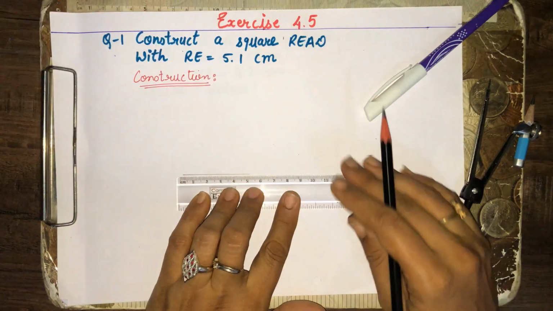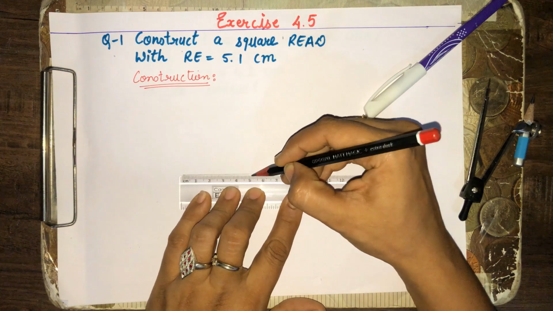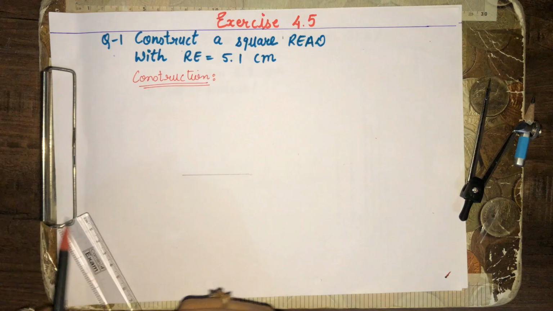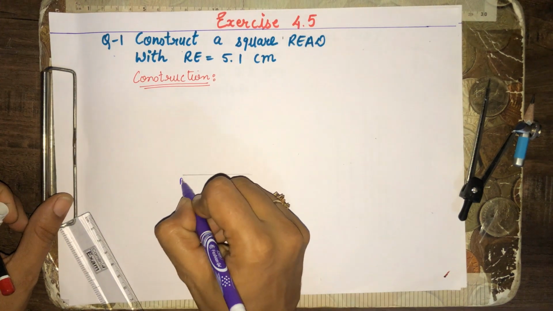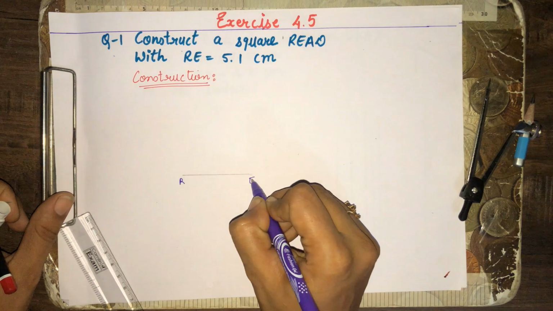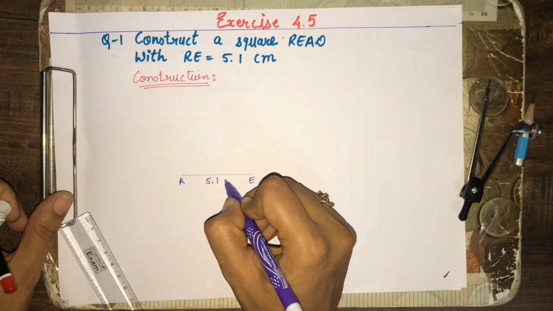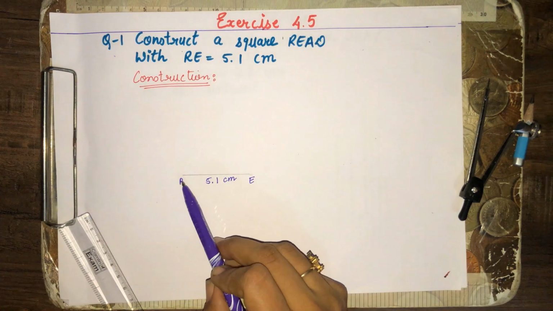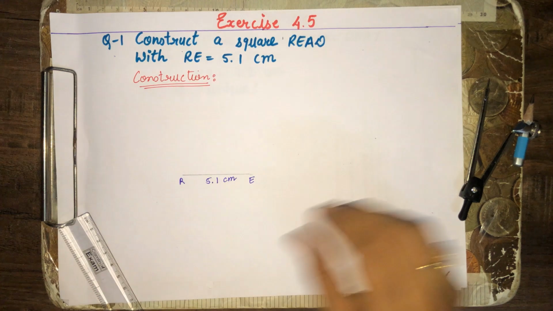So this is 5 and 1, this is 5.1 centimeter, and I will name it RE, and I'll write the measurement, that is 5.1 centimeter. Now we have to draw right angles at R and E.